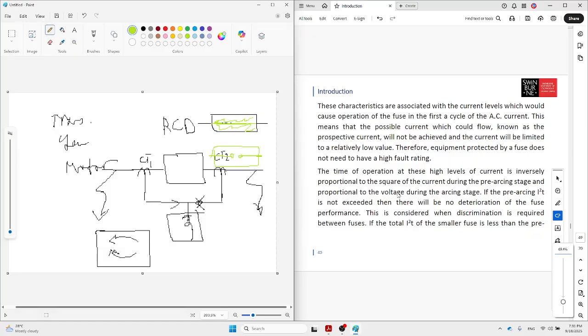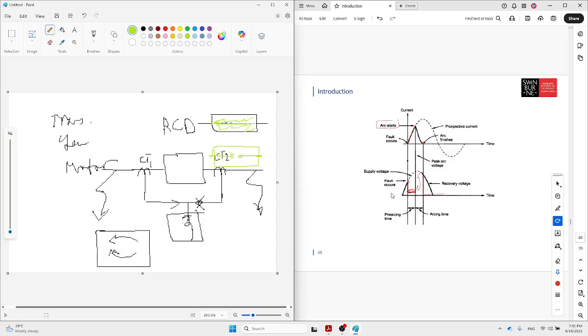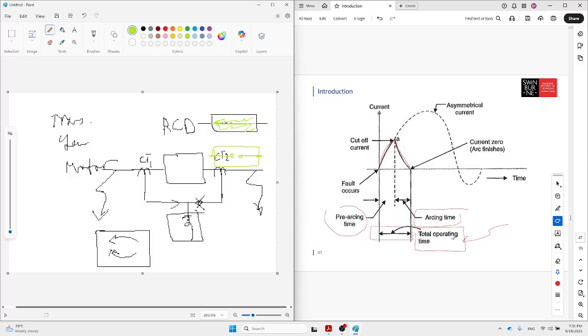The most important one for the fuse, as I mentioned, is the total operating time. And another very important thing: the fuse must carry the normal operation current of the system. Assume we have a heater which needs 6 amp.